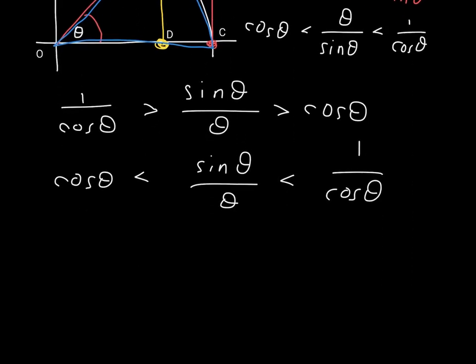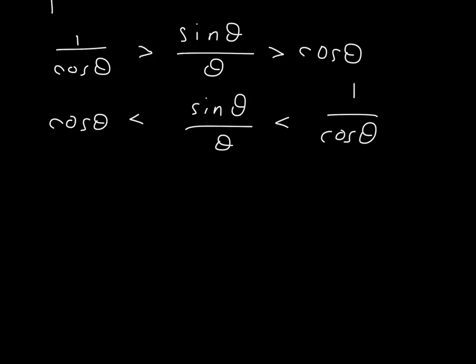Now, you remember the sandwich or squeeze theorem? I want you to consider this. Now consider the limit of cosine of theta as theta approaches 0. That's equal to, do you remember?